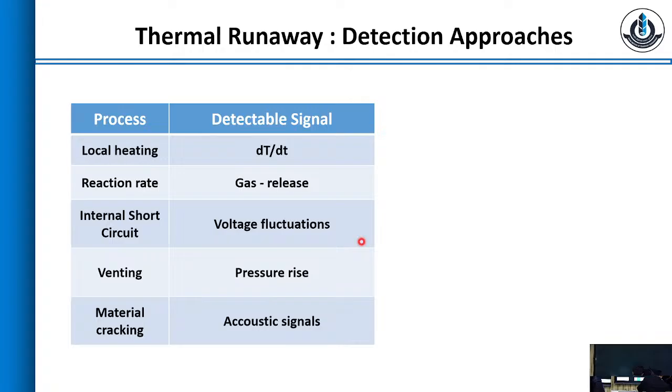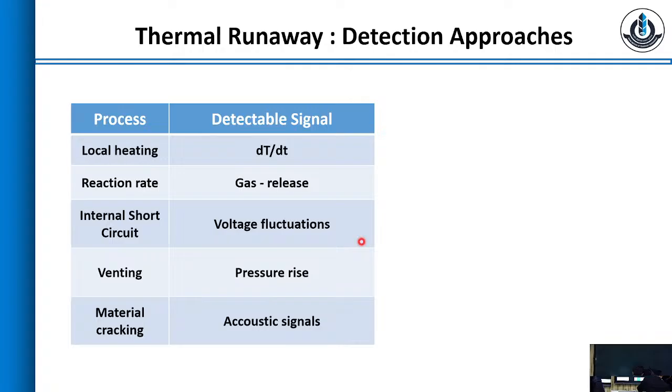More effective is to look at the rate of change of temperature, because your heating takes place exponentially fast once you cross that energy barrier. Just looking at the temperature may not be a very good signal; the rate of change of temperature may be more appropriate for detecting these things.